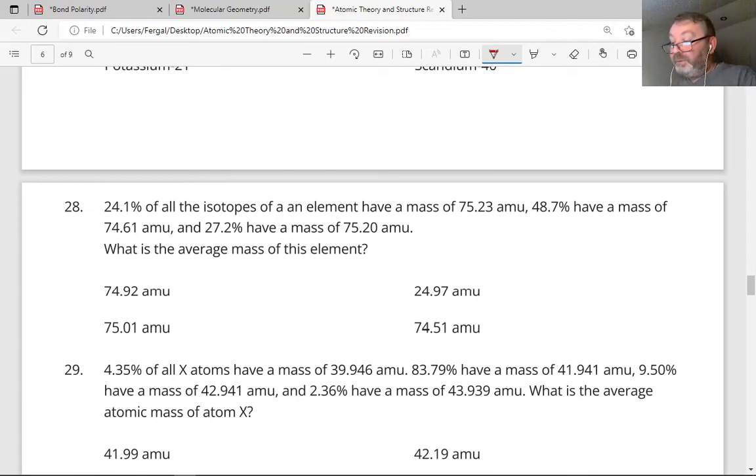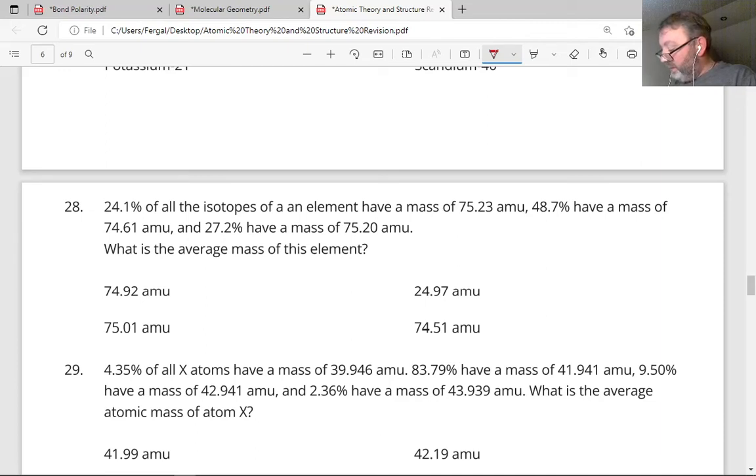0.241 multiplied by 75.23 plus 0.487 multiplied by 74.61. I better put brackets around that because I want that to add on. Okay.